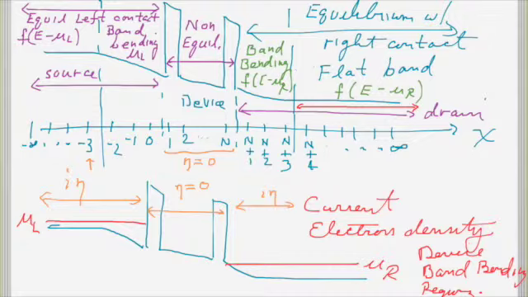So this region here, where there's band bending but it's still in equilibrium with the left lead, is region 1. This region over here, I'm calling region 2, and the device region is just the device region. So we need to calculate charge in region 1, region 2, and in the device. The flat band regions of the leads we don't.